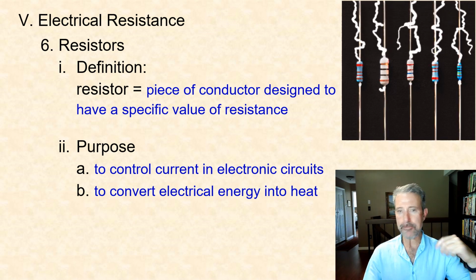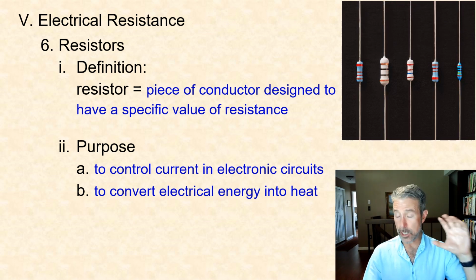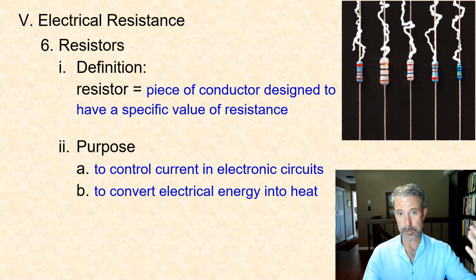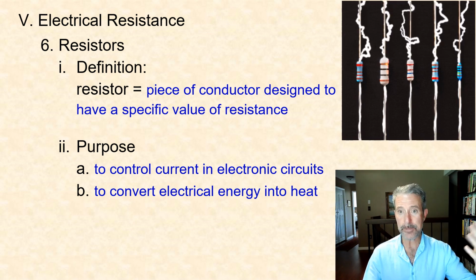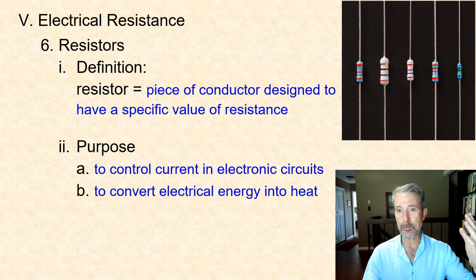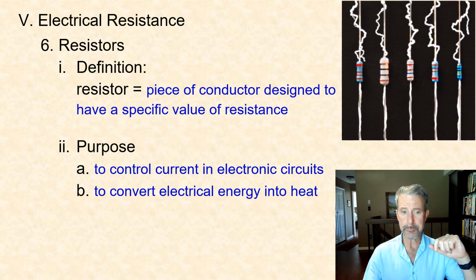Very often thermal energy production is an unwanted byproduct of current and resistance in circuits, but sometimes you actually want to use a resistor in the form of a heating element to produce heat.